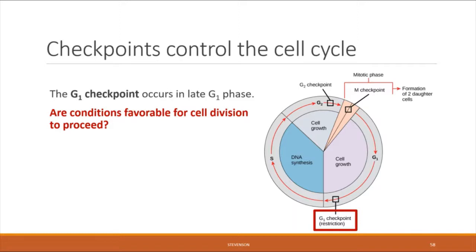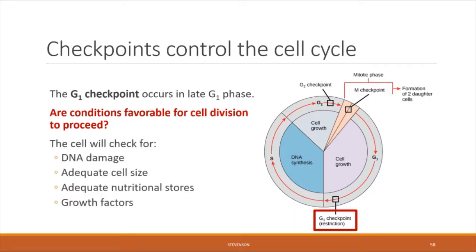So at the end of G1, the cell will check to see if it's ready to go through S phase by determining whether or not its DNA has been damaged in any way, whether or not it has grown to an adequate size to support S phase, whether there are adequate nutritional stores, and finally, growth factors present for it to undergo S phase.